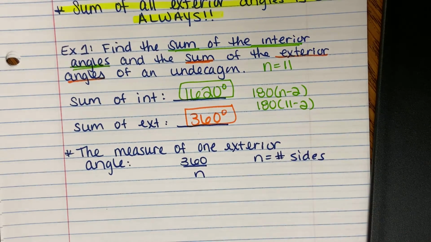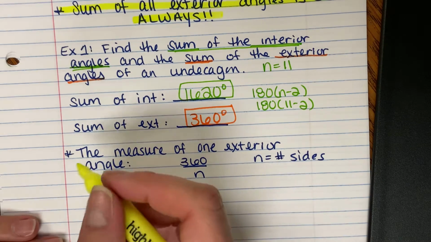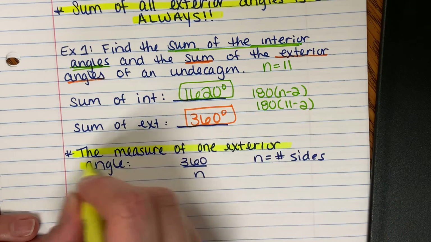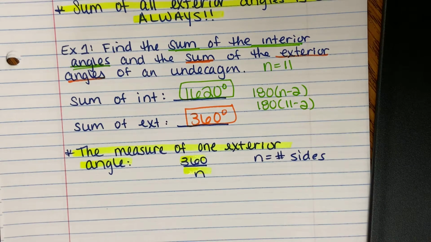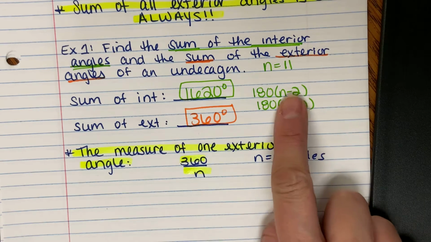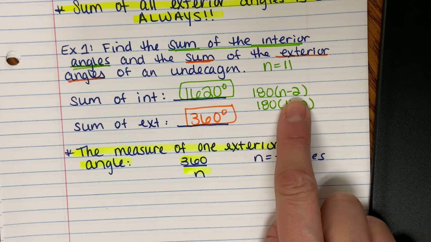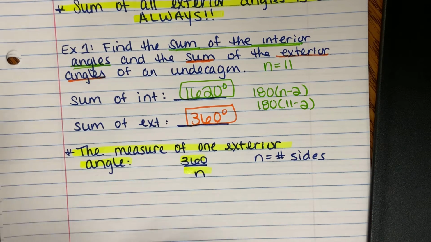So that's the formula you need to remember for one exterior angle. So for one interior, it was 180(n minus 2) divided by n. This now is one exterior, it's just 360 divided by n.